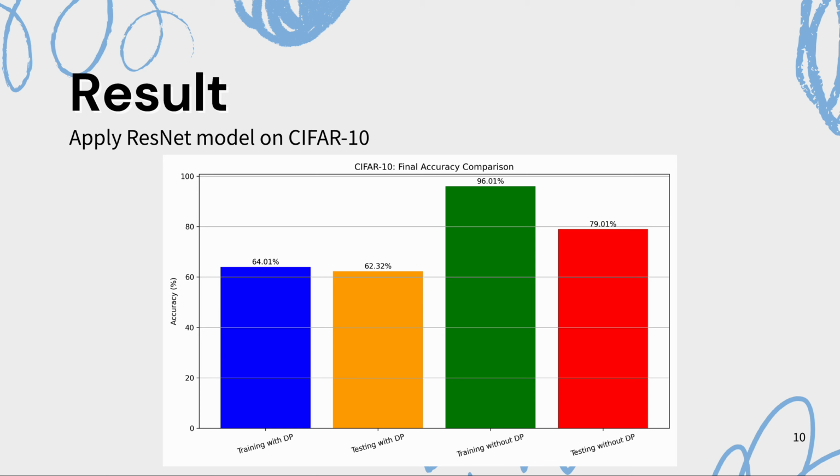In contrast, when training without differential privacy, the model reached 96.01% accuracy on the training set and 79.01% on the testing set. This shows that applying differential privacy significantly reduced model accuracy, especially for more complex data like CIFAR-10.